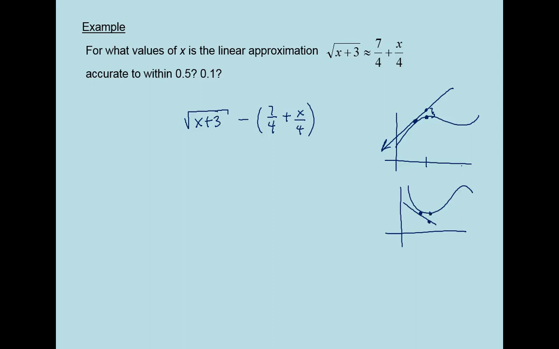So we would take the absolute value of this quantity and we want to know when it is less than 0.5. So if we could solve this inequality, that will give us the values of x where we could plug those values of x in, and our answer will be within 0.5 of the actual value. So that's the idea behind this problem.